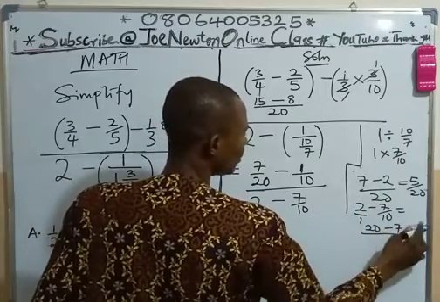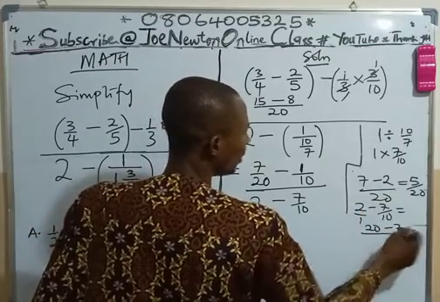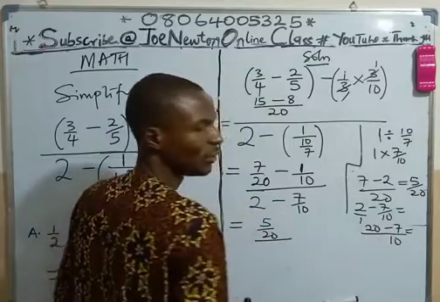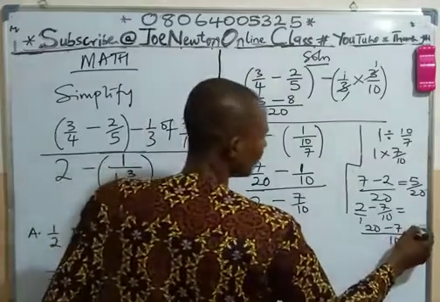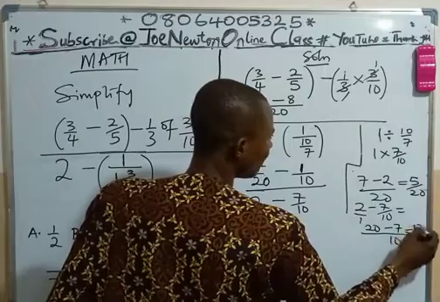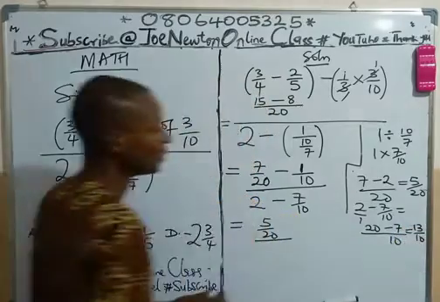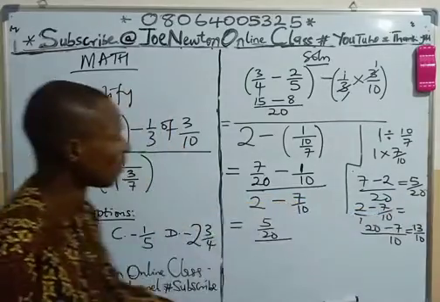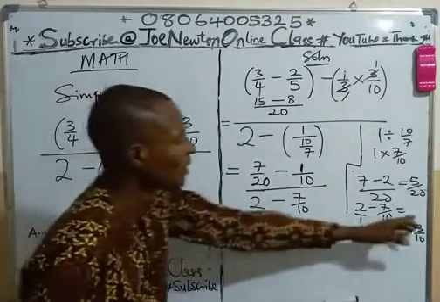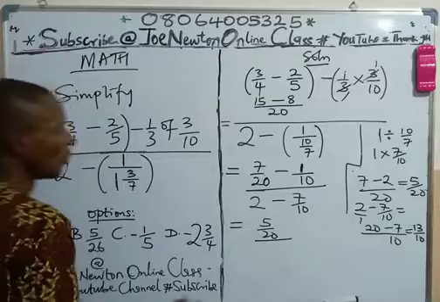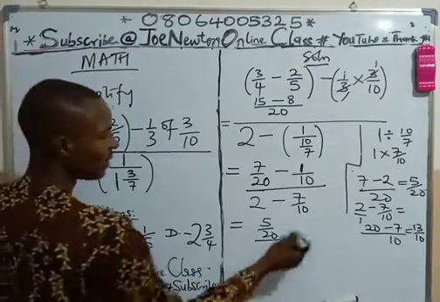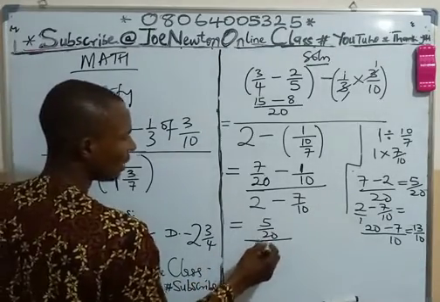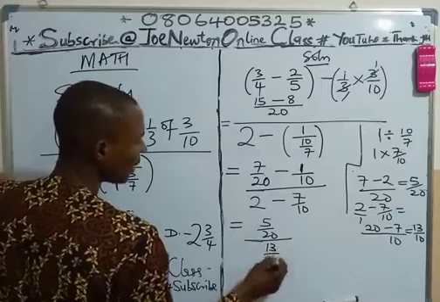So 20 minus 7, you get 13. So here we have 13 over 10. So from the numerator we obtain 5 over 20, and from the denominator we obtain 13 over 10. So we place it here. That will give us 5 over 20 all over 13 over 10.